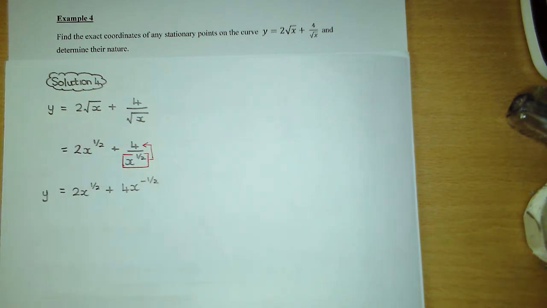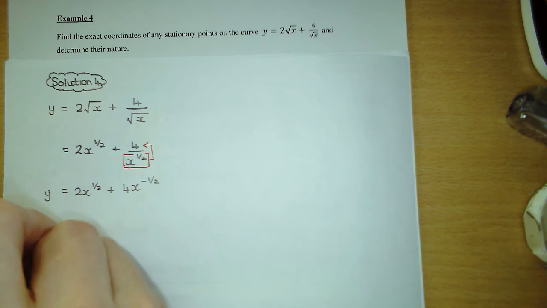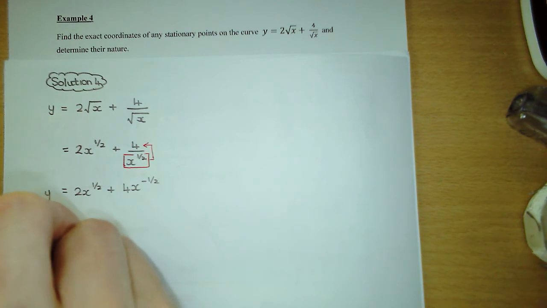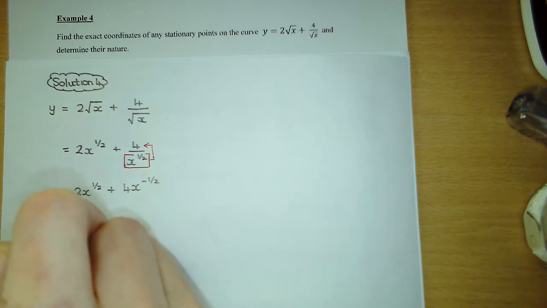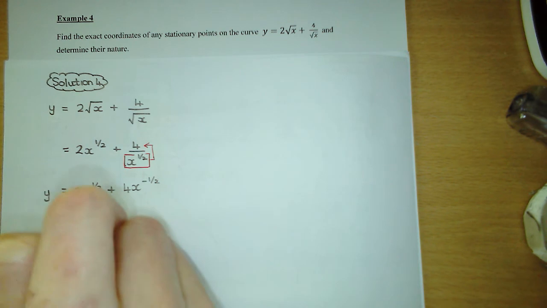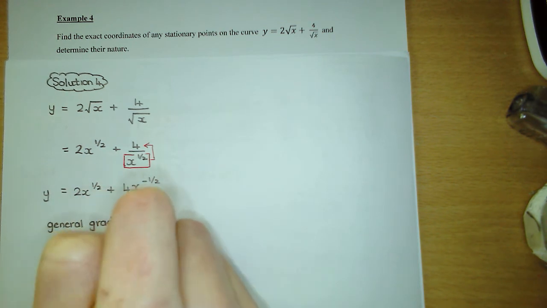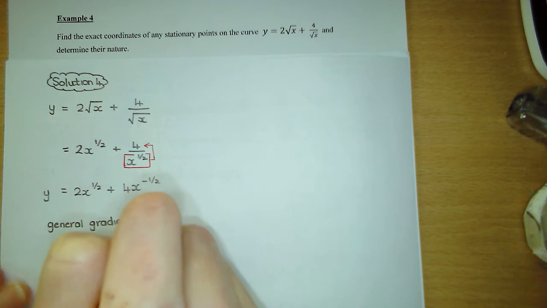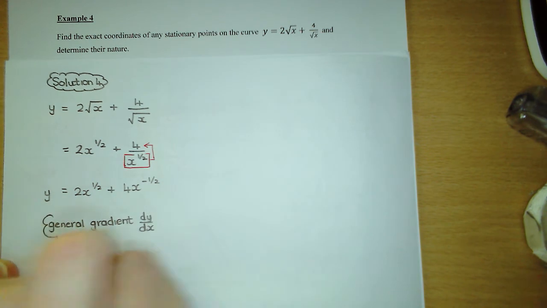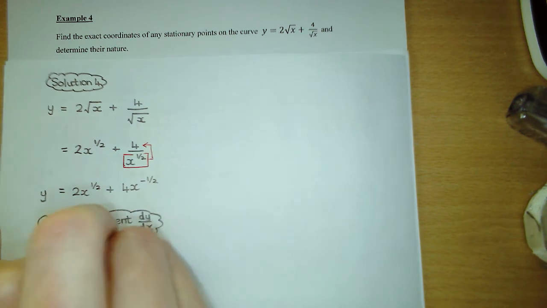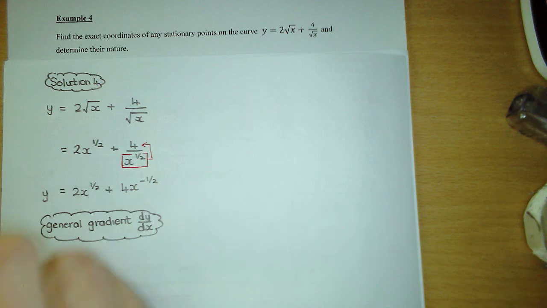So we're now going to get the general gradient. And the general gradient is dy by dx, or f dashed x. So differentiate the curve then.